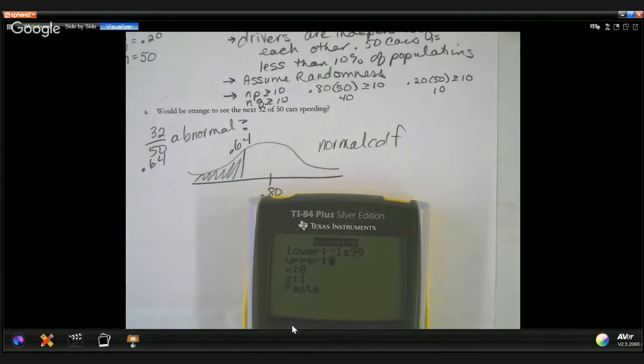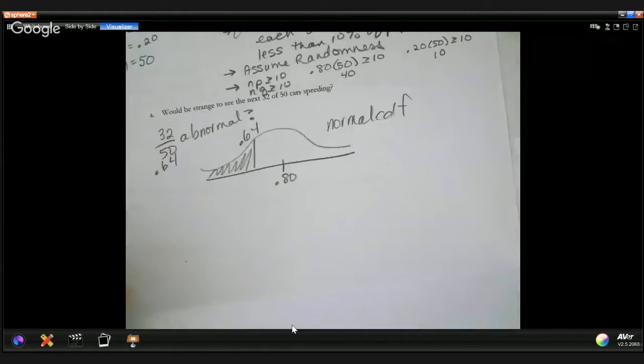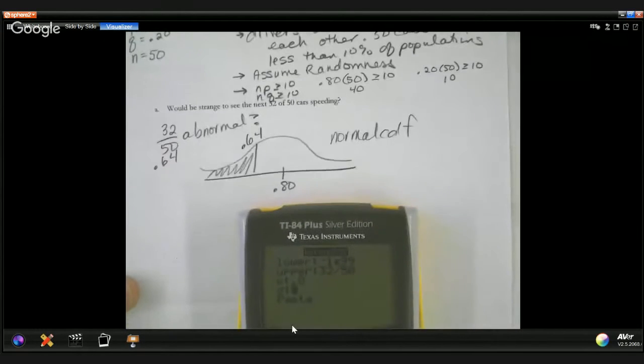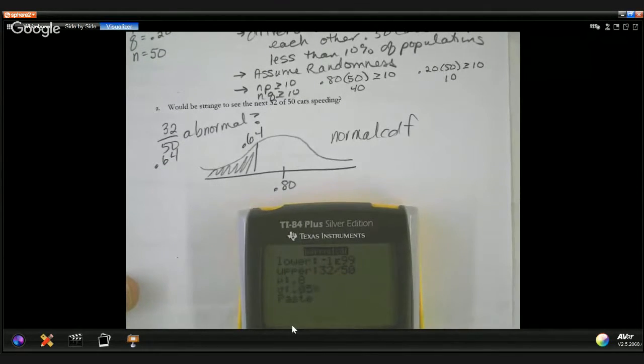And then my upper is that 0.64. Instead of 0.64, you could just do 32 out of 50. My mean is 0.8. It's not negative. And then we found our standard deviation in the previous problem to be 0.057. So my standard deviation is 0.057.